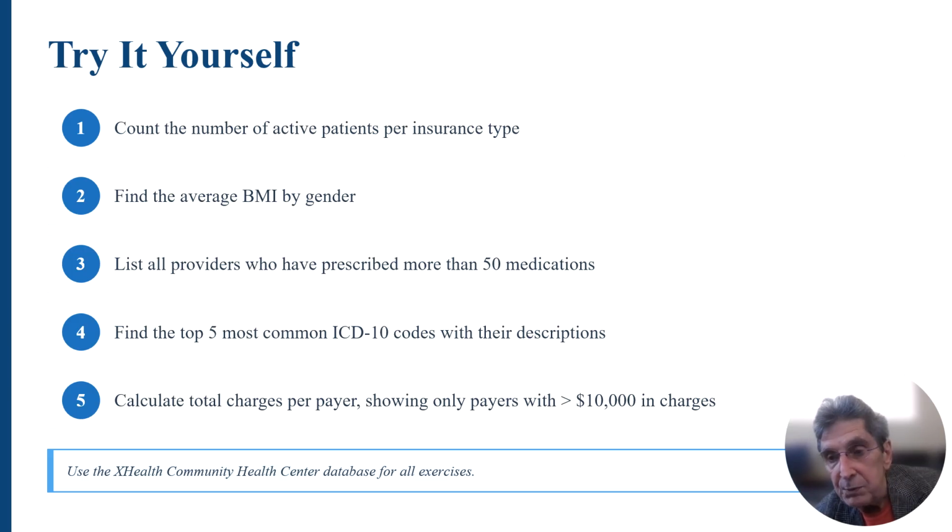So with just these simple, brief clauses, you can make a very sophisticated query. And the final example, the total charges per payer with a threshold filter, which is going to combine your GROUP BY with a HAVING and a SUM.